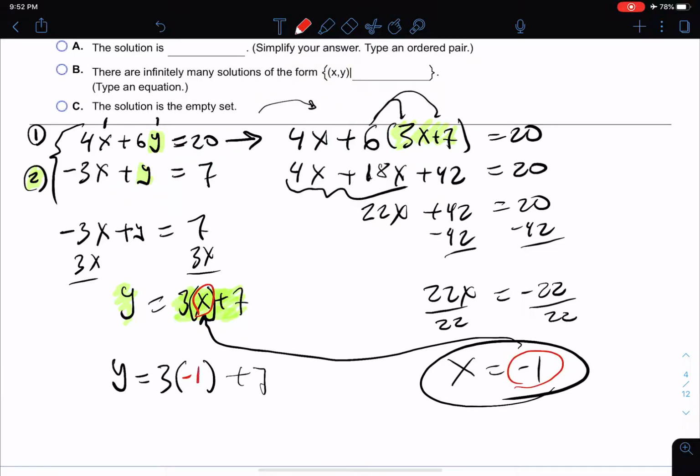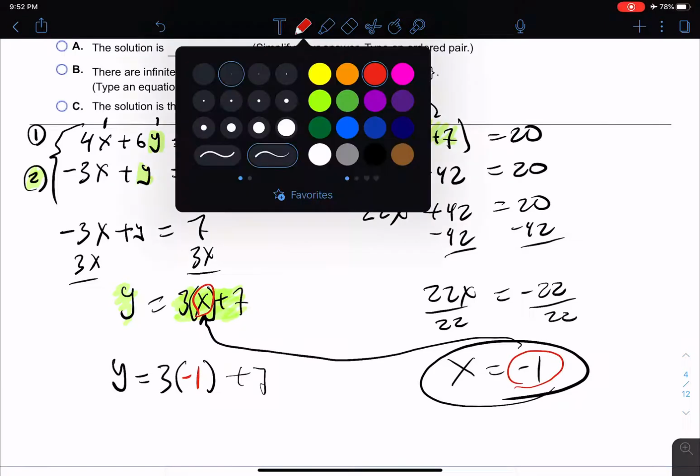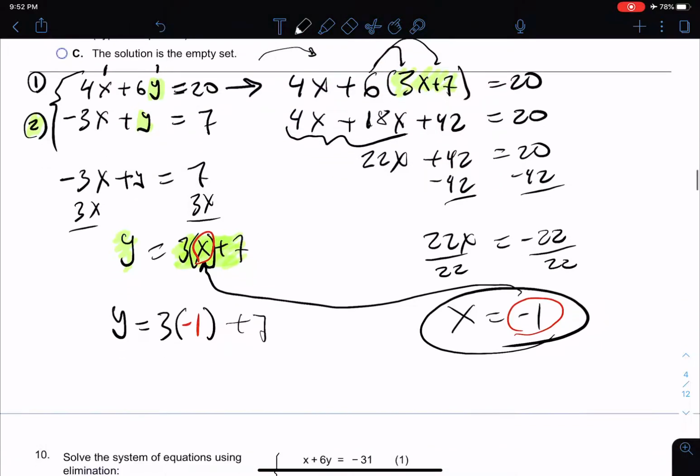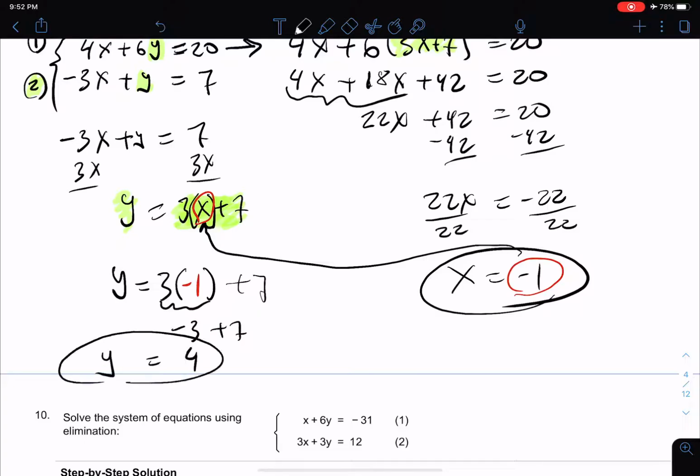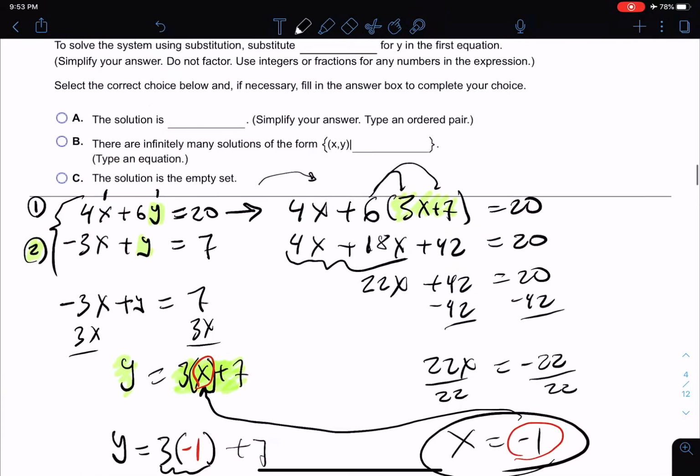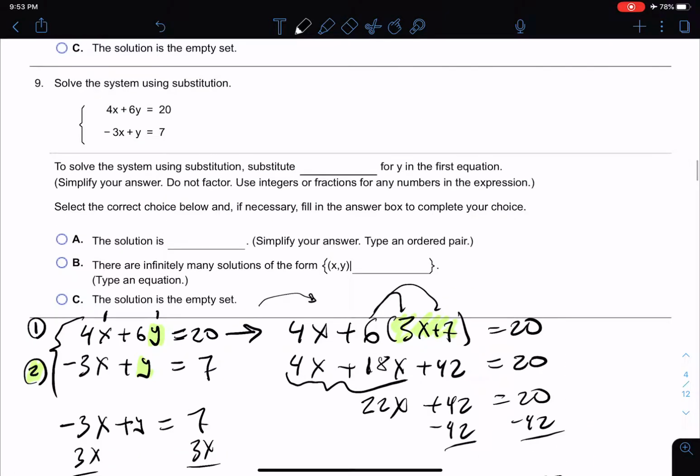So we're going to replace x with negative 1, and then we're just going to simplify and we'll get our y value. 3 times negative 1 is negative 3 plus 7 gives us 4. So y equals 4. So we just got our answer, negative 1 comma 4. Answer: negative 1 comma 4.